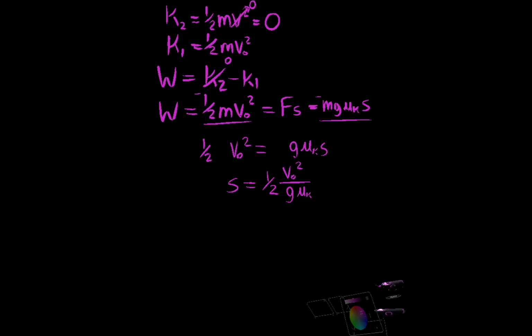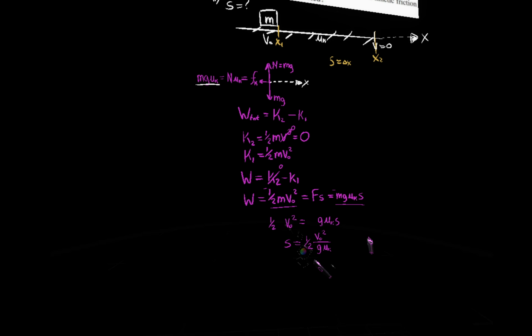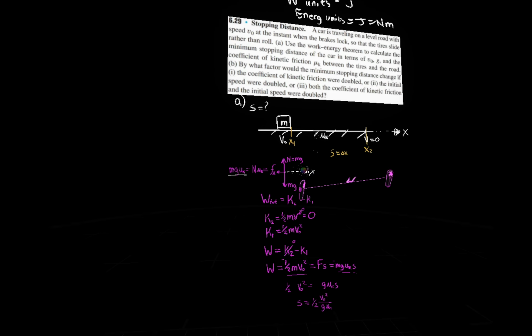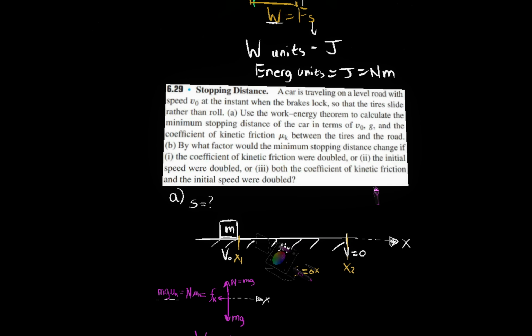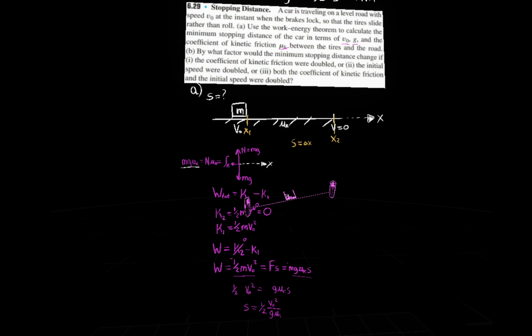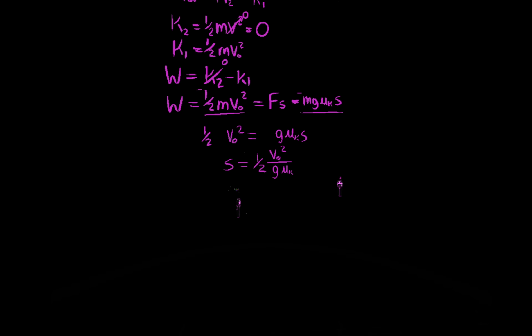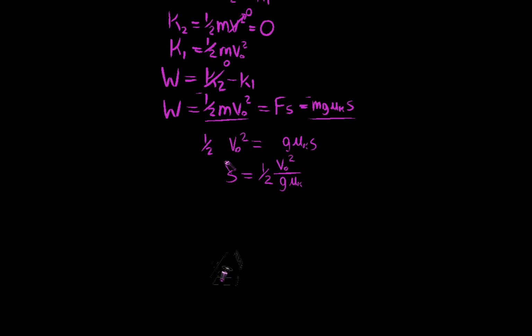Is that everything they wanted us to solve it in terms of? Let's go back and make sure. It says solve it in terms of v naught, g, and mu sub k. I think we did it. There we go.